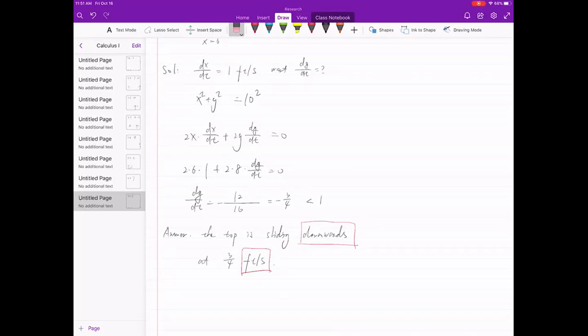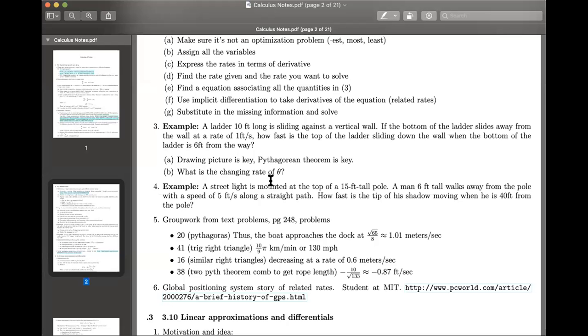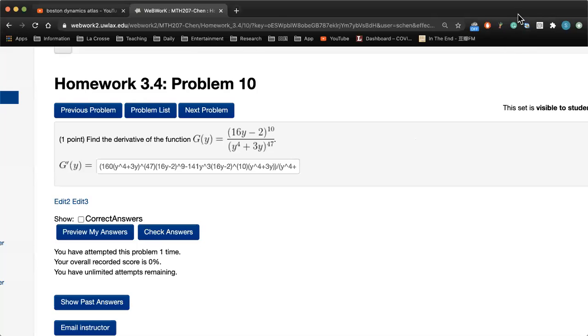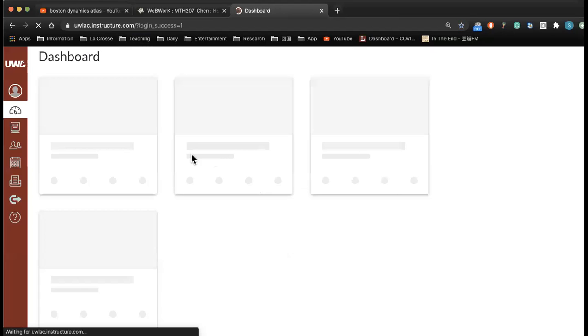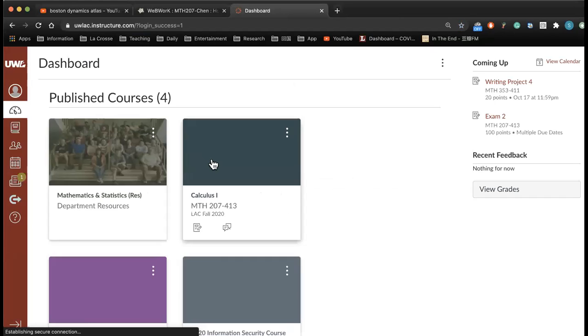Sounds good? To find the worksheet, you just go to Canvas. And you go to Calculus 1.